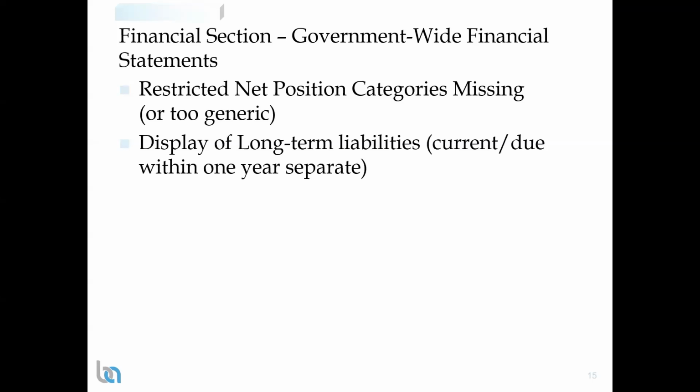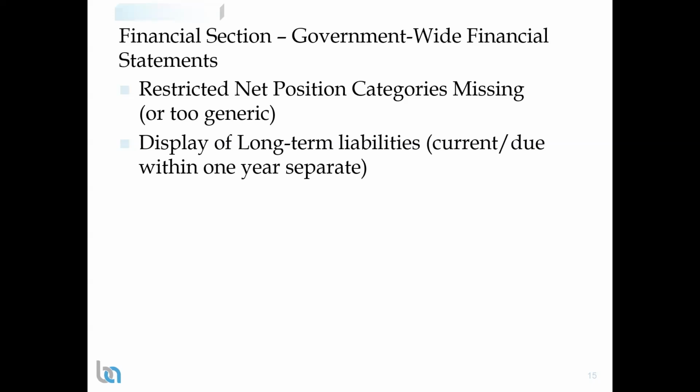All right. I think this is quite common. I don't think we've enforced it that seriously: the restricted net position on the government-wide statements. Usually you do want to have something that's a bit more detailed in there. If you just have one line item called restricted net position, you do need to have disclosure to break down that restricted net position to different categories.